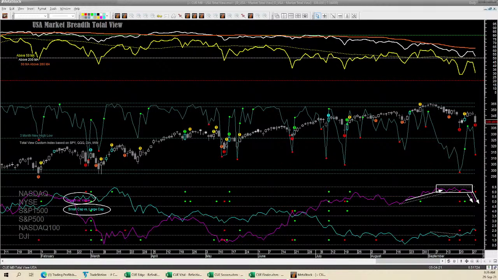And small cap versus large cap, small cap outperformed large cap in this area. Then in the previous webinar I mentioned it was flattening out and now it has tilted upward again. So small cap is again doing better than large cap.